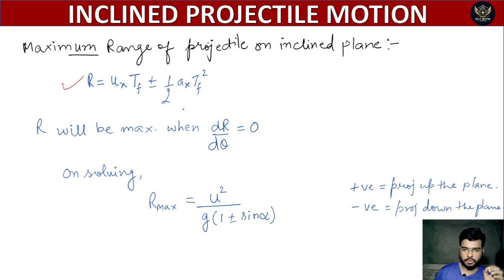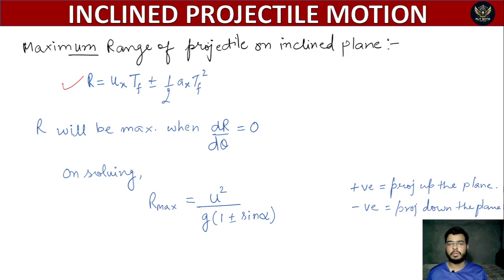We will just calculate the maximum range. How to calculate it? Just take the maximum with respect to theta, because theta is changing while alpha is constant at all the points. So just equate dr divided by d theta to 0. It is a very tedious calculation, so I am giving the final answer.